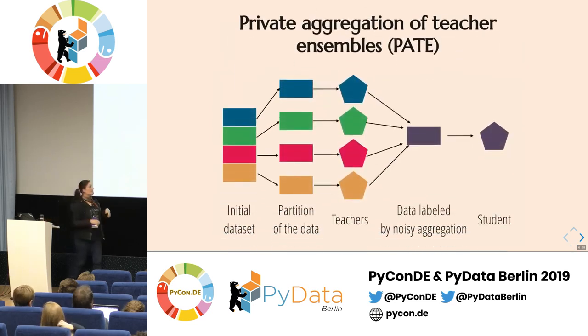So instead of deploying the teachers, you use the teachers to label some public data. Why is it public? Because you get some data without the sensitive attributes, and the teachers provide the sensitive attributes. We've seen previously that with this noisy voting mechanism, what they provide is differentially private.